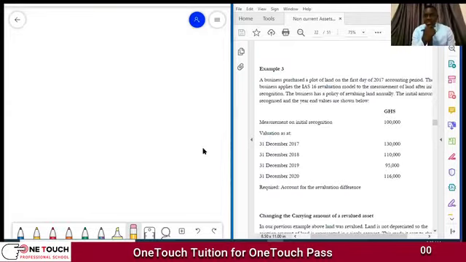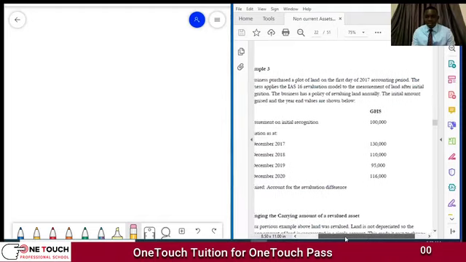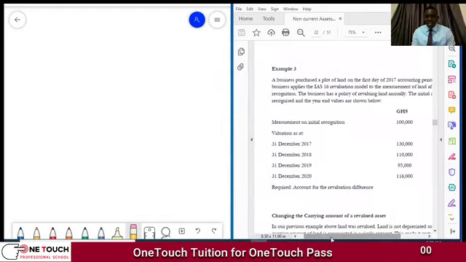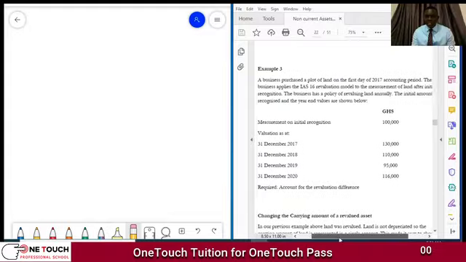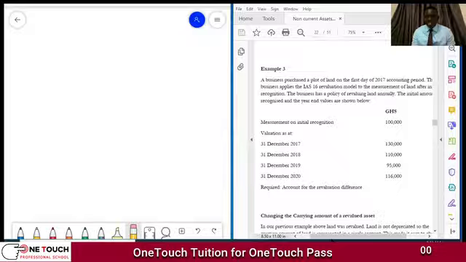Now, question 3. A business purchased a plot of land on the first day of the 2017 accounting period. The business applies the IAS 16 revaluation model to the measurement of land after initial recognition.